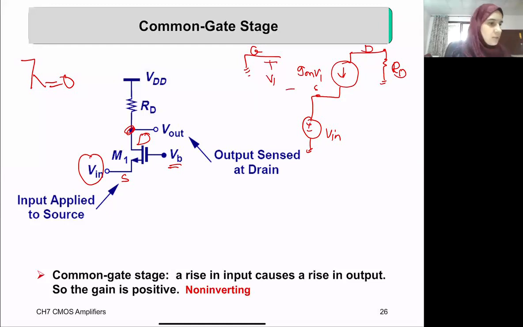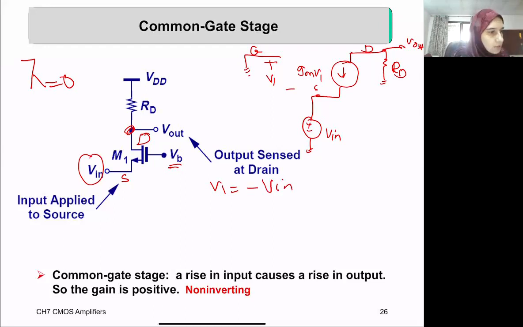Okay, so this is the small signal model. Now, how is V1 related to Vin? V1 is equal to minus Vin. Can you see this?